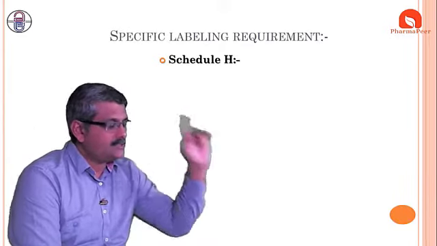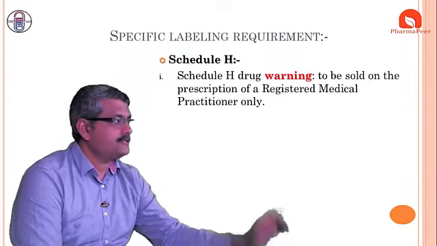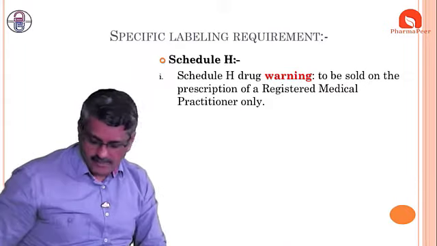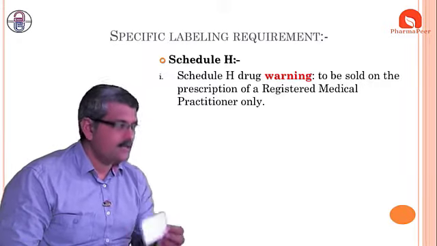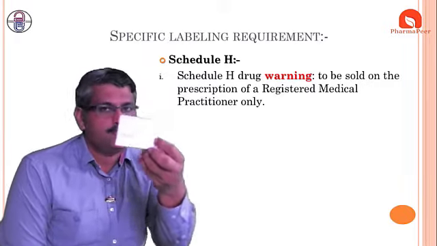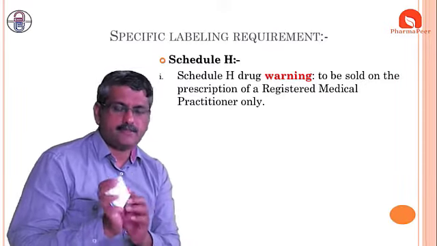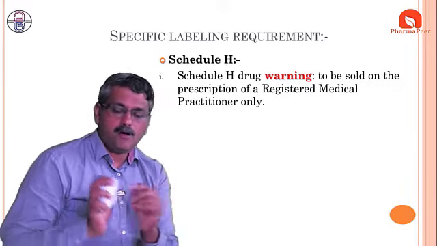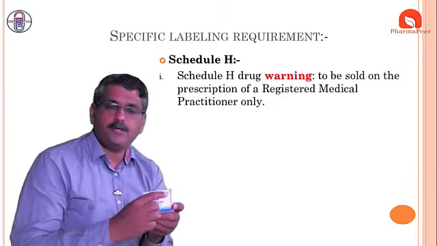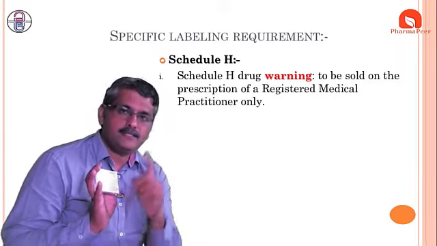For Schedule H, there is a warning. If you see here, Schedule H, you can find it in any drugs at your home. Try to find any carton or strip where, if it is a scheduled drug, a conspicuous red line is there, then definitely the conditions are there.